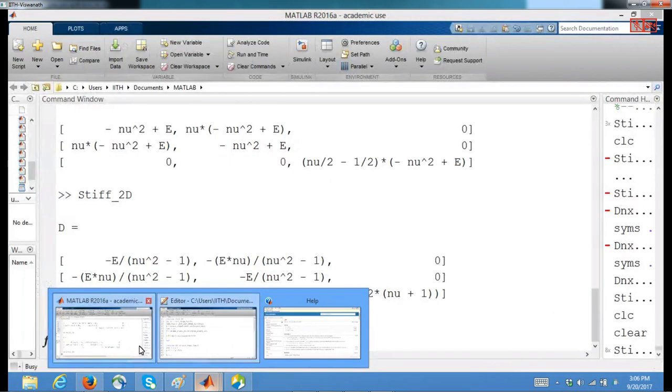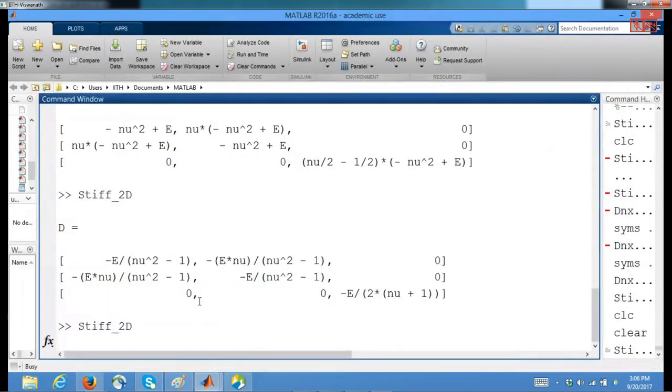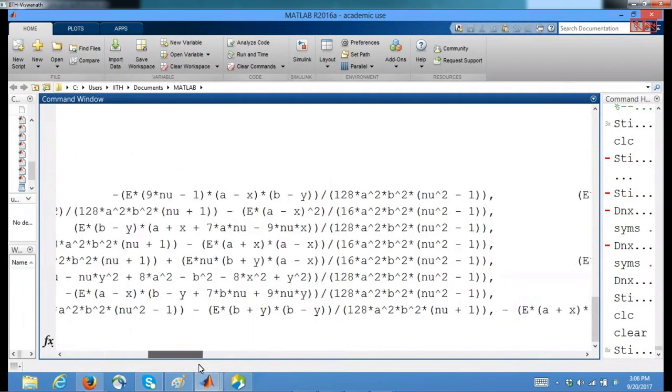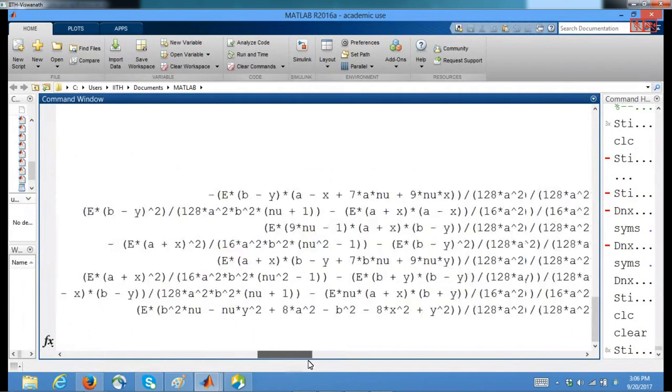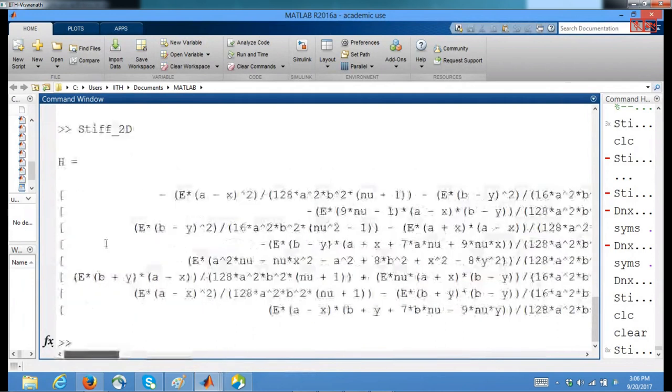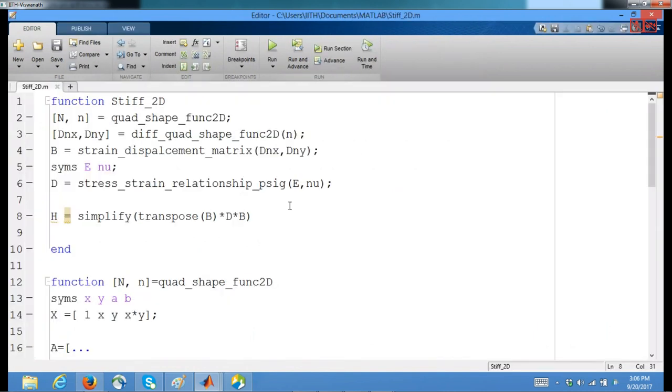Yeah, this has given a nasty thing. Don't worry about it. We will simplify it. So this is our B transpose D B. This is only the H matrix. I haven't solved it yet. So keep patience. We will come back to that. The purpose of choosing to solve in MATLAB is to handle this nastiness.